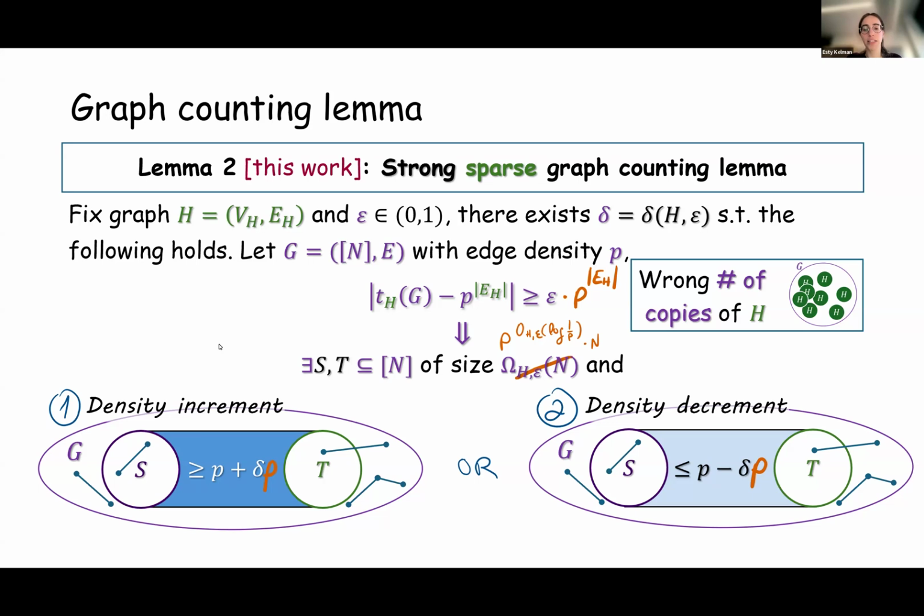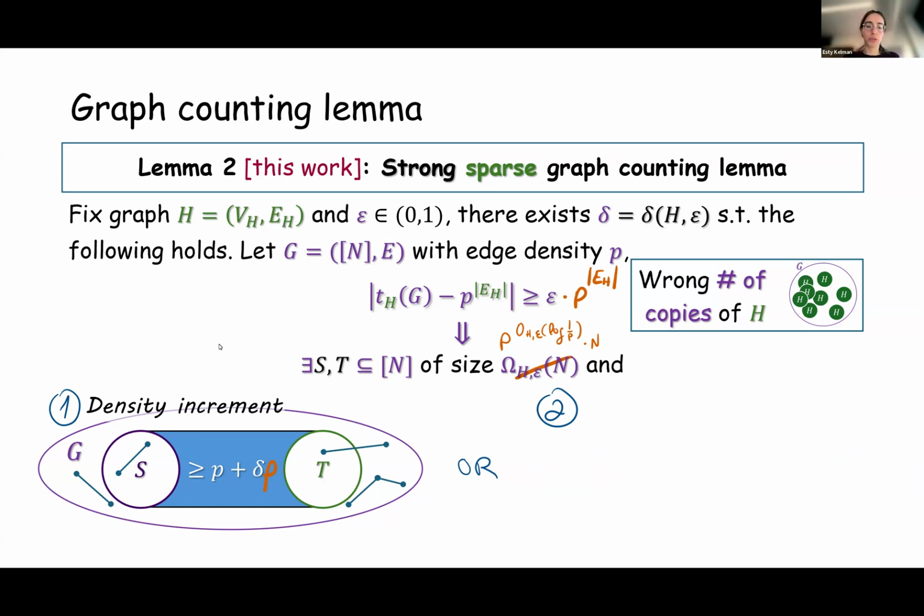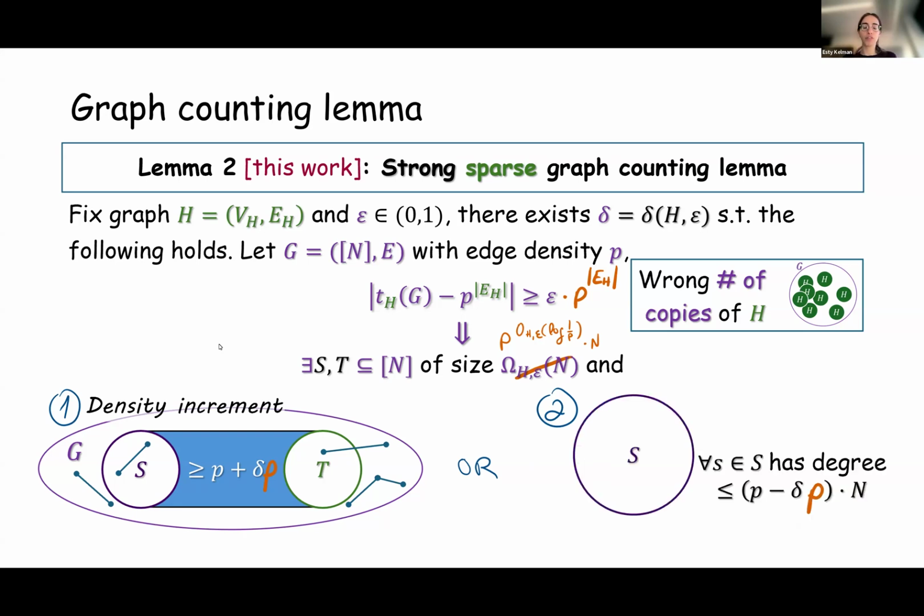We can replace the general density decrement by a very specific shape of density decrement. In particular, what we have is a large subset of vertices that all have a degree much smaller than expected. And here this shape is really very helpful.